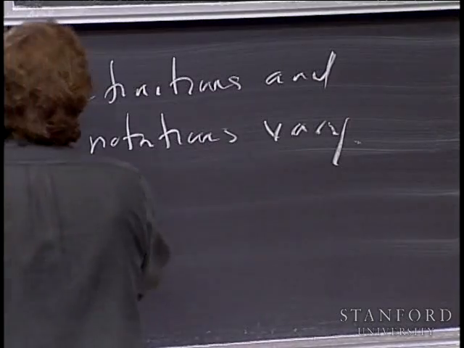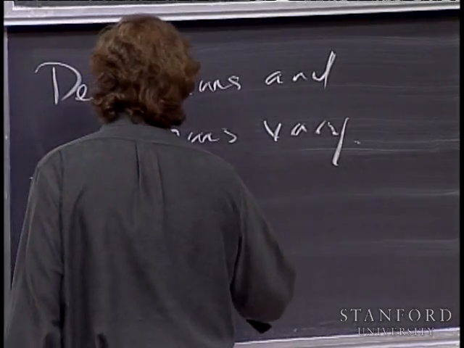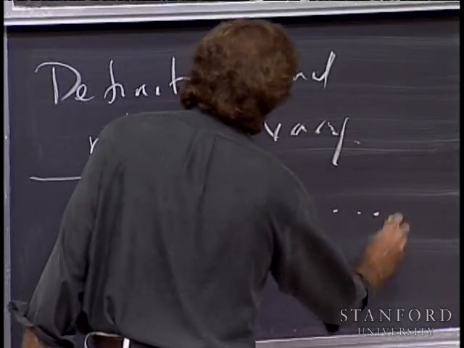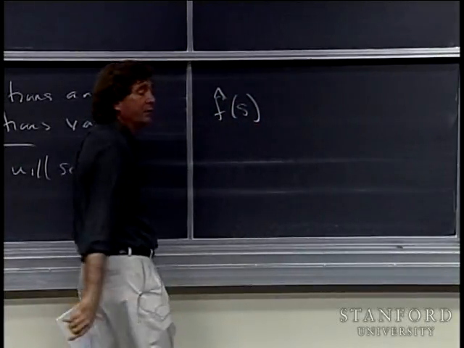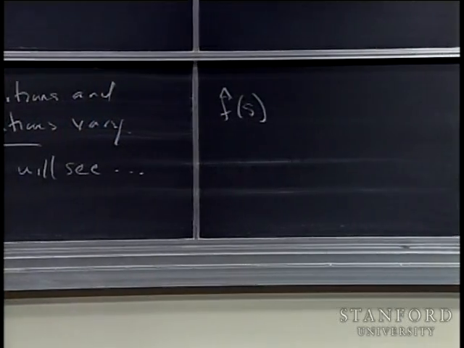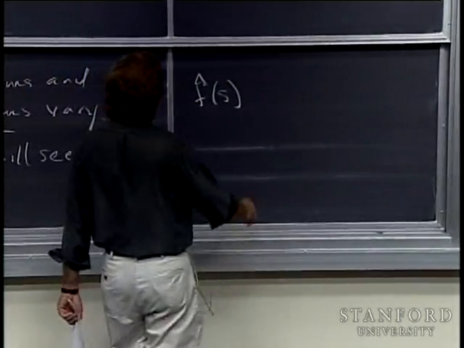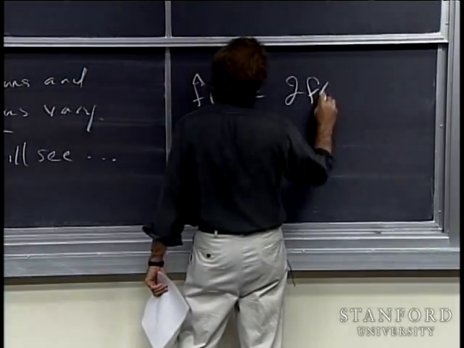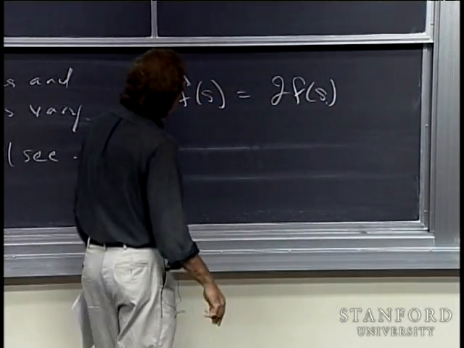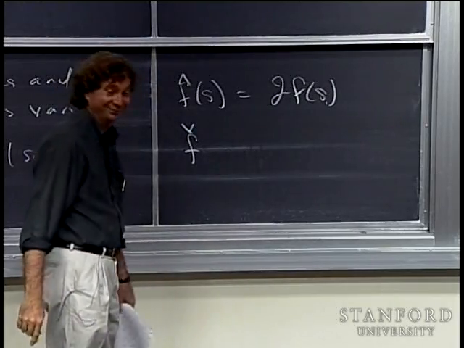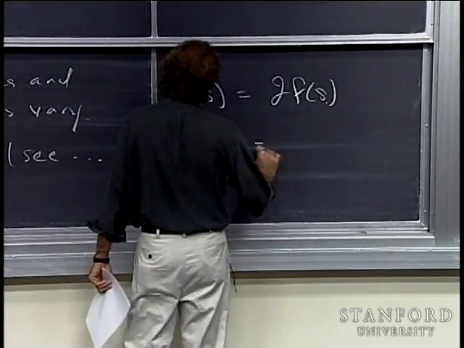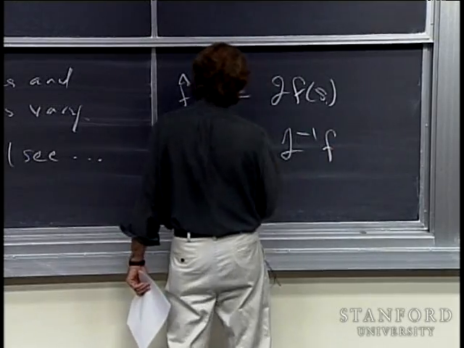So you will see, for example, the notation f hat, really corresponding to what we did for Fourier coefficients. You will see the notation f hat of s for what I'm calling the Fourier transform. You will also see, this is a pretty cute notation, an upside down hat for the inverse Fourier transform.